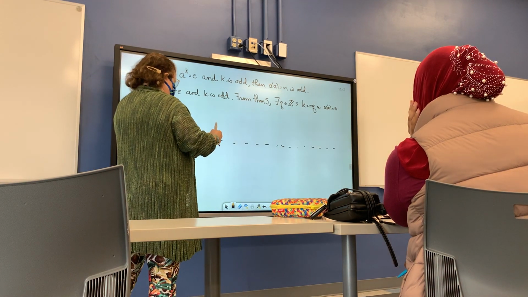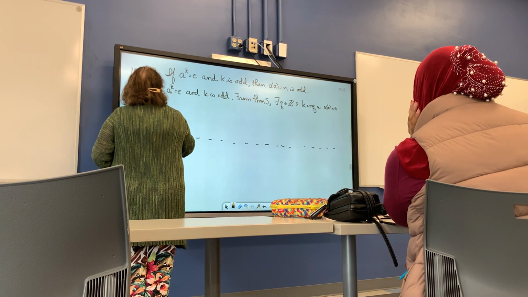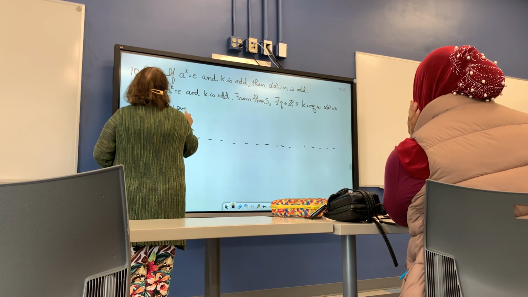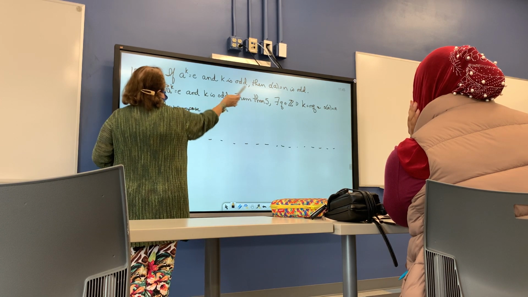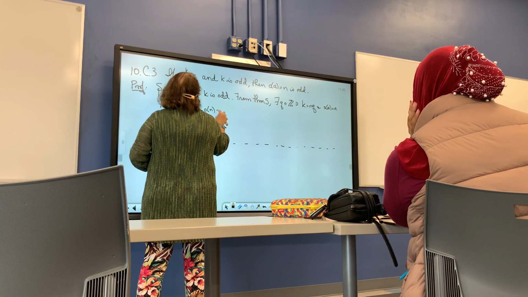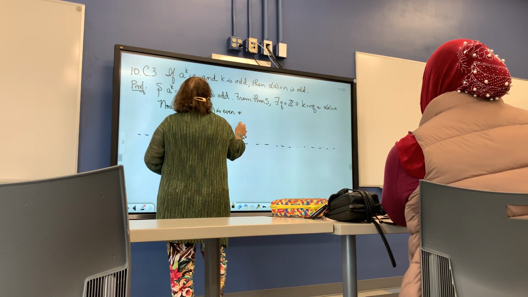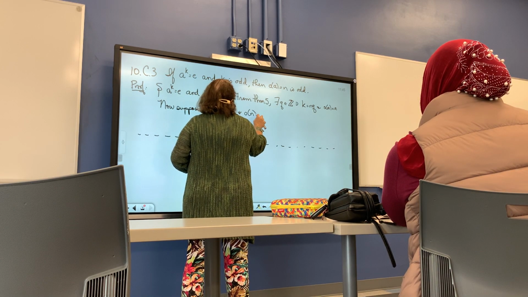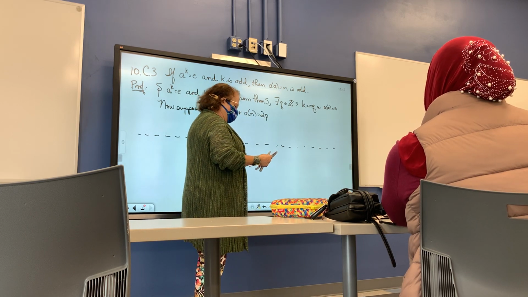Now suppose we're trying to prove something about a to the n being odd. Suppose the order of n is even. And that means the order is 2 times something, we'll use p.